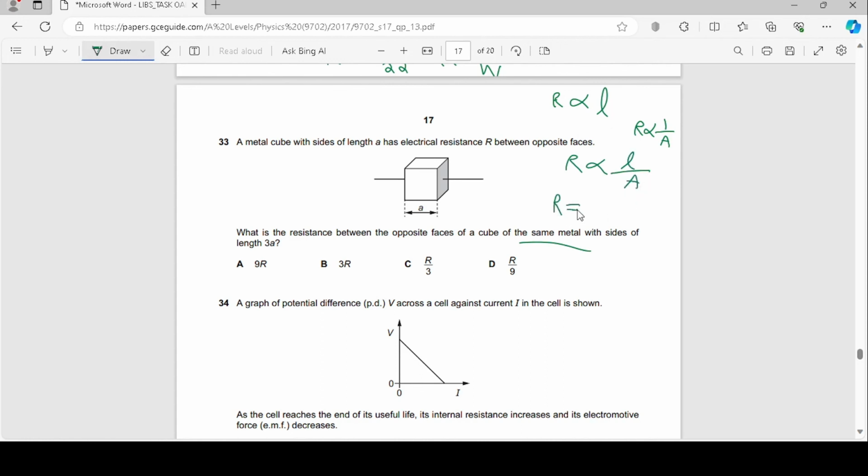If we write this as an equation with a constant, that constant is rho. So R equals rho L by A. Rho is the resistivity, and it is unique for every metal.